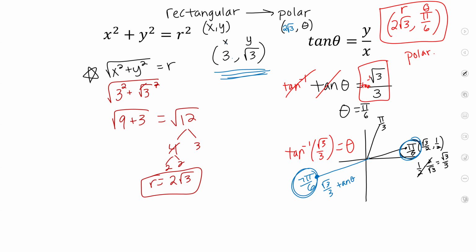X and y are both positive. That means it has to be in quadrant 1. That's why I didn't choose this one. Okay? Even though both of them will give me square root of 3 over 3 for tangent. I picked the one in quadrant 1 based off of this coordinate. Now, guys, what if it was like this? Then I would choose this one, 7 pi over 6.